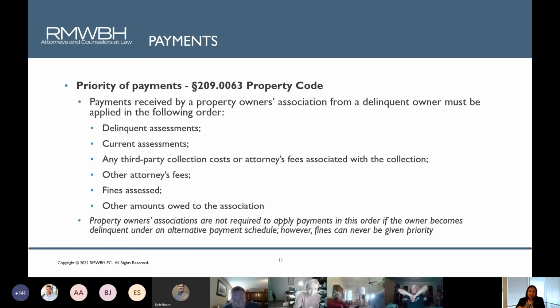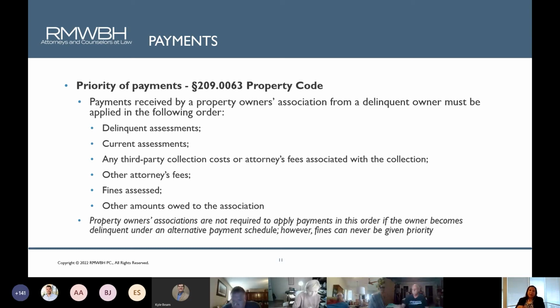If the association receives a payment and it applies it to the homeowner's account, and if it's a partial payment, it must first be applied to the delinquent assessments, then the current assessments, then any third-party collection cost or attorney's fees associated with the collection amount, any other attorney's fees, so that could mean attorney's fees in connection with a deed restriction matter, any fines assessed, which fines are always going to be low man on the totem pole. The legislature hates fines. And then finally, any other amounts owed to the association.